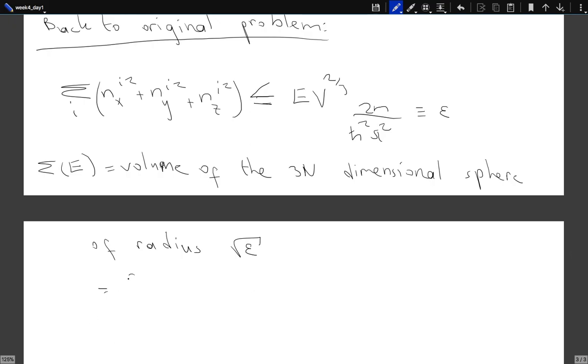So this is equal to the integral within my sphere.